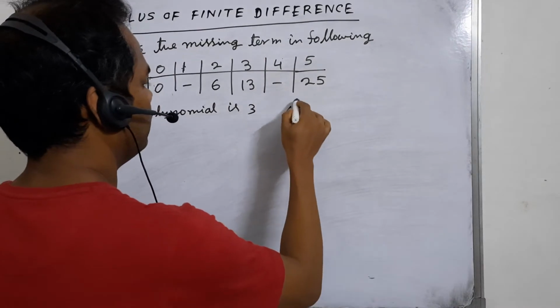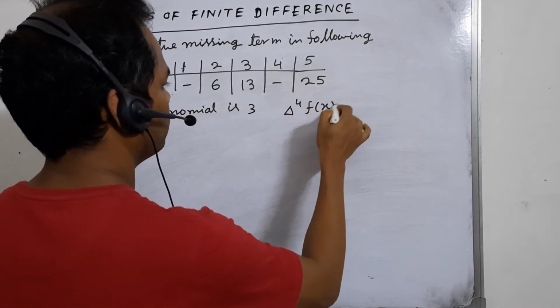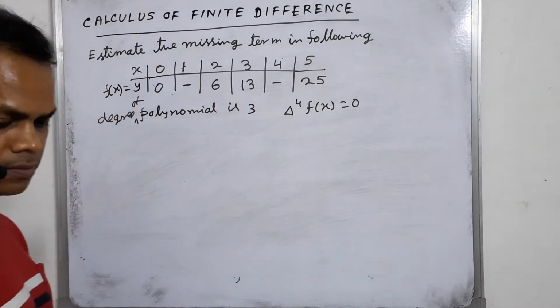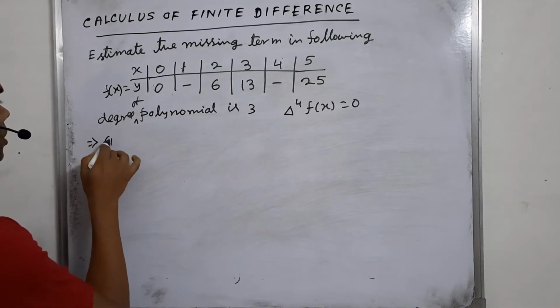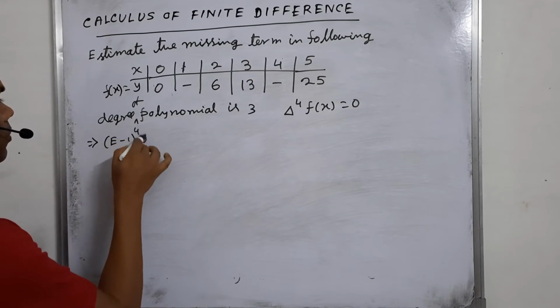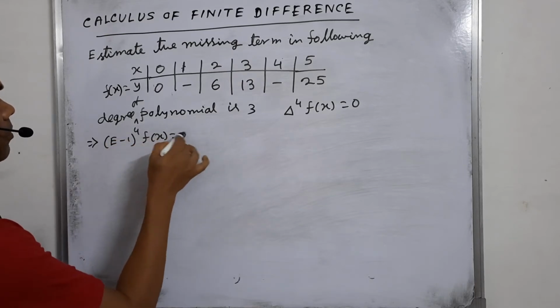So del 4 fx is equal to 0 by the previous sum. So del 4 means (E minus 1) whole to the power 4 fx equals 0.